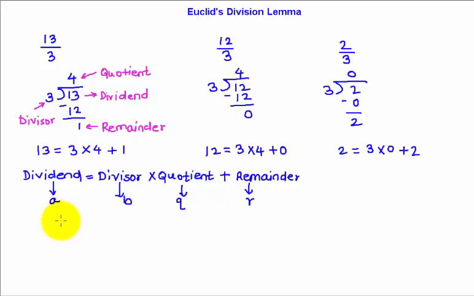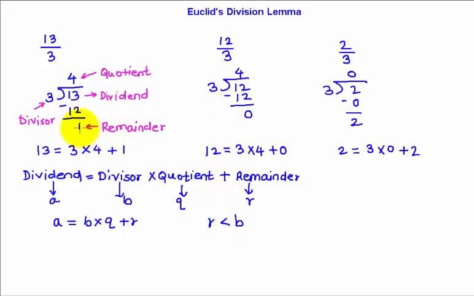So if you put this in an equation, we get A is equal to BQ plus R. Now we have discussed that the value of the remainder is always less than the value of the divisor. So we are calling the remainder R, so R is always less than the divisor, and we are representing the divisor as B. So the value of R is less than B.